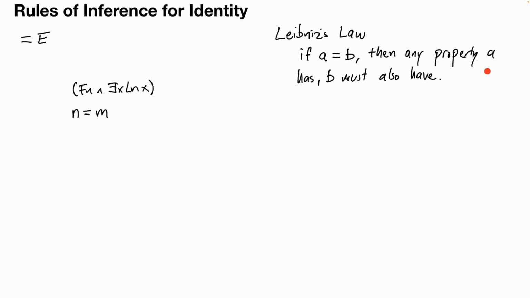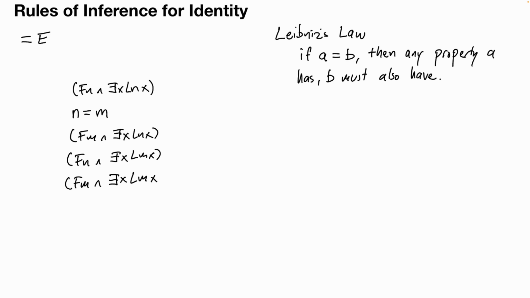Then, by Leibniz's law, we can conclude that the individual named by M also has the properties just attributed to the individual named by N. In other words, if we know that N equals M, then we should be able to conclude Fm, and there is an x, Lnx, or Fn, and there is an x, Lmx, or Fm, and there is an x, Lmx.